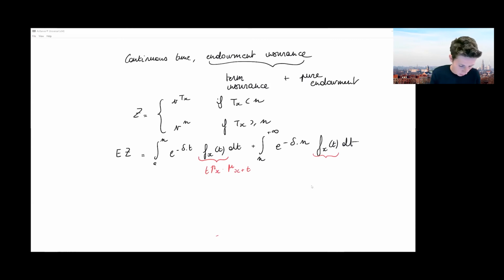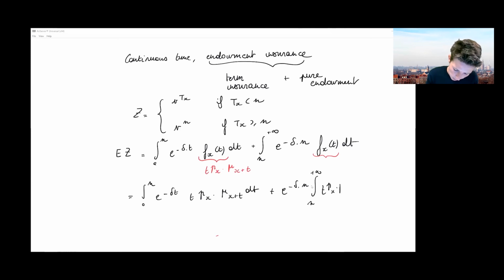Now, if we look at the first integral, then we recognize the valuation formula that we derived for a continuous time term insurance with a duration of n years. And if we look at the second valuation formula, we see that e to the power minus delta times n can be put in front, and we're left with the integral from n to plus infinity of tpx multiplied with mu x plus t dt.